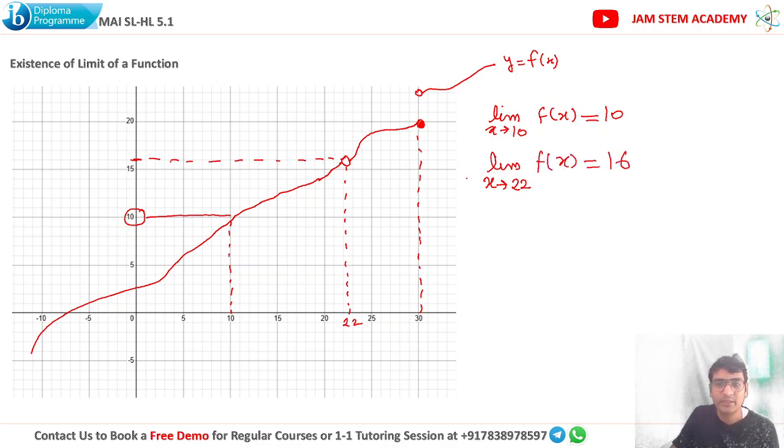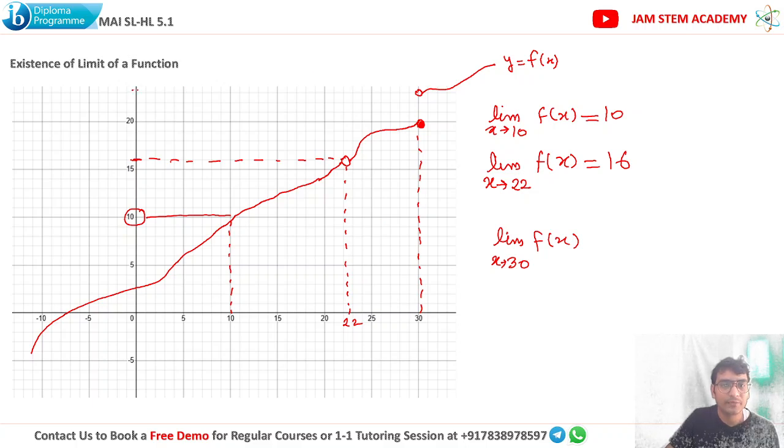Now in this way, let's talk about 30. If limit x approaches 30, as you can see, for the left neighborhood of this point, if my x value is like 29.9999999, then the value of y is 20. But if I take x as 30.000001, then the y value is more than 20.